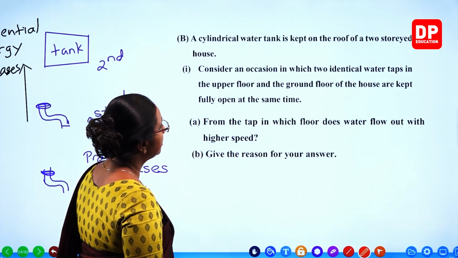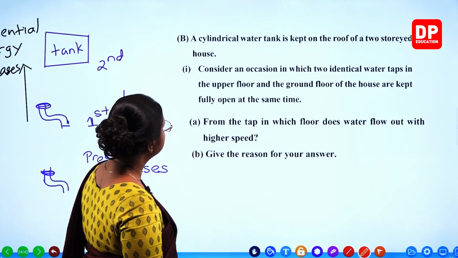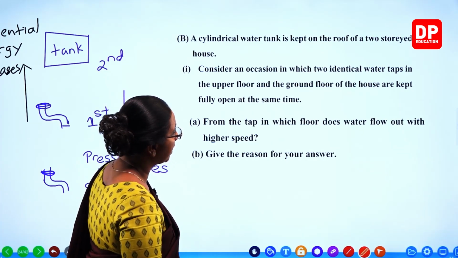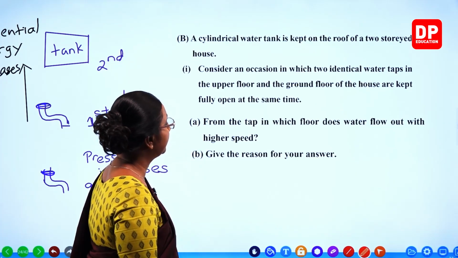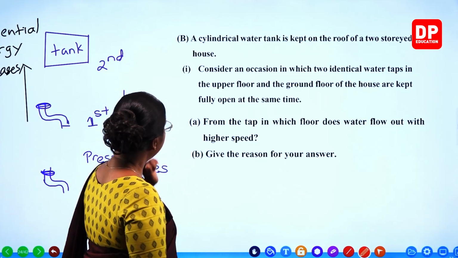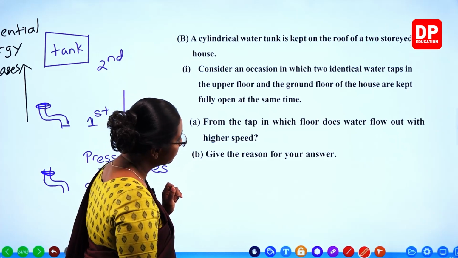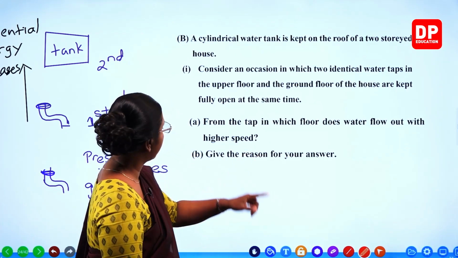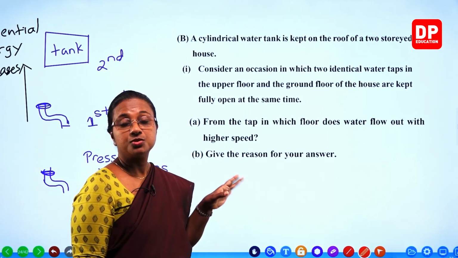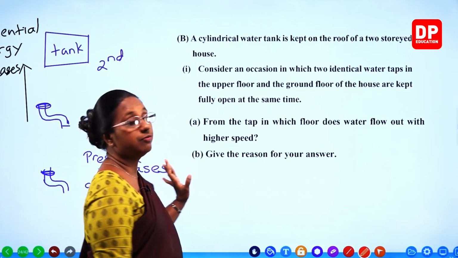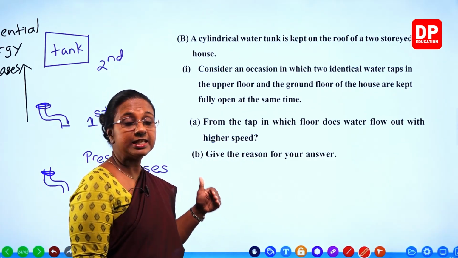Then, if we look at the questions. Consider an occasion in which 2 identical water taps in the upper floor and the ground floor of the house are kept fully open at the same time. A part, from the tap in which floor does water flow out with higher speed? So, which floor? The ground floor. Why? The pressure of water is higher.